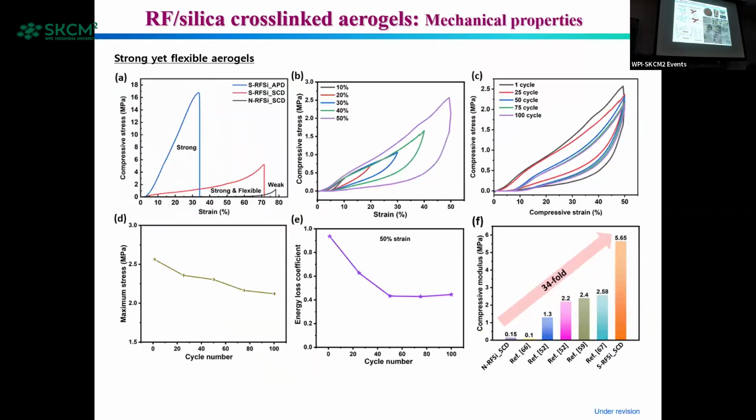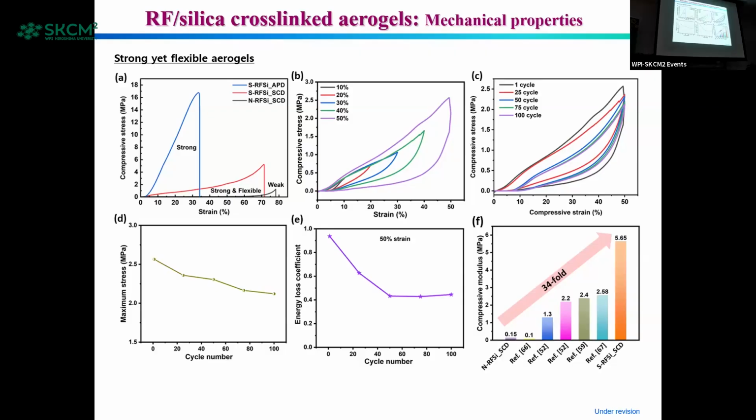We measured the mechanical properties for this, and you can find an interesting result. The ambient pressure drying aerogels are strong, because they are like a xerogel. It is like glass, so it is strong; you can see from the pore structure. The traditional aerogels use APTS as a gelating agent, so those are weak. Our aerogels are strong but flexible.